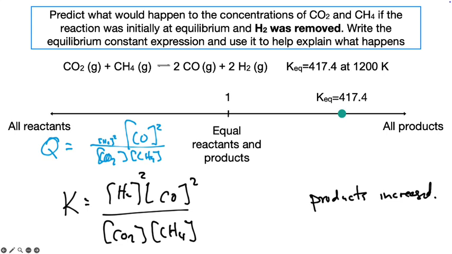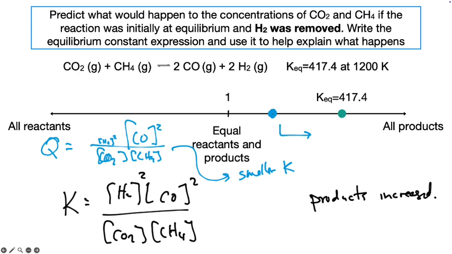In fact, a better description isn't just small, it's smaller than my K. And if I have a Q value that's smaller than K, what needs to happen? Now I need to make products, so my product concentrations should increase.